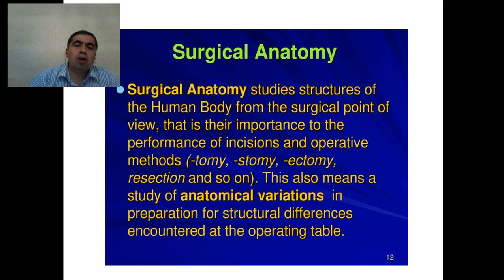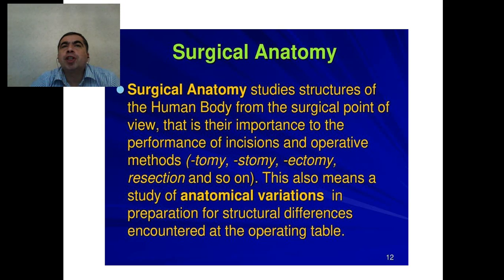Of course, the surgical anatomy is a very important branch of the anatomical science. It studies the structures of the human body from the surgical point of view. That is their importance to the performance of incisions and operative methods.